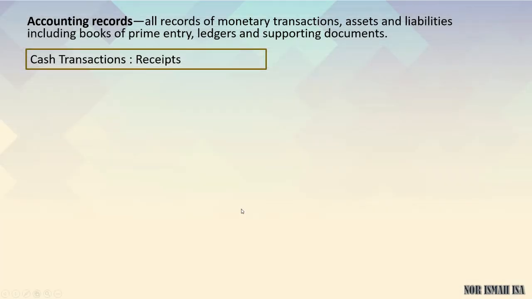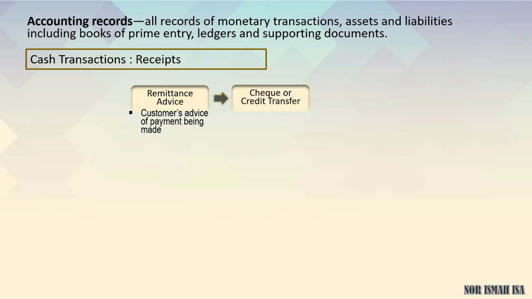Okay, this is the procedure for cash transactions related to receipts. The seller will receive a payment from the customer together with a remittance advice stating the payment details. The remittance advice is sent together with a check, and receipt can also be done through credit transfer through the bank.